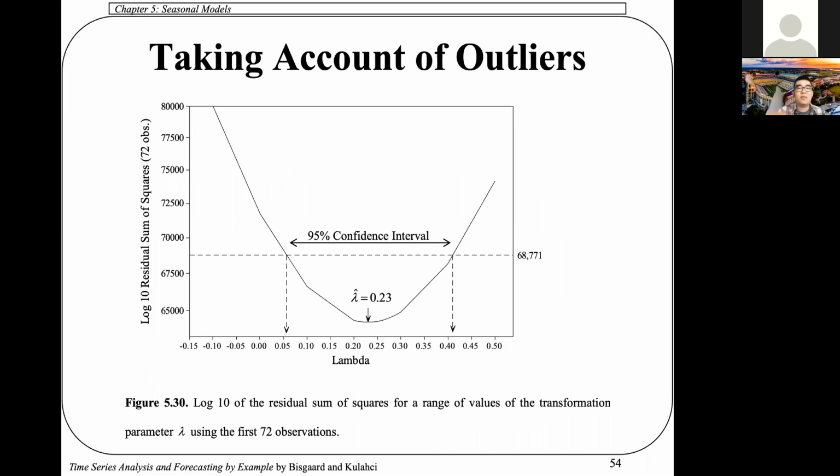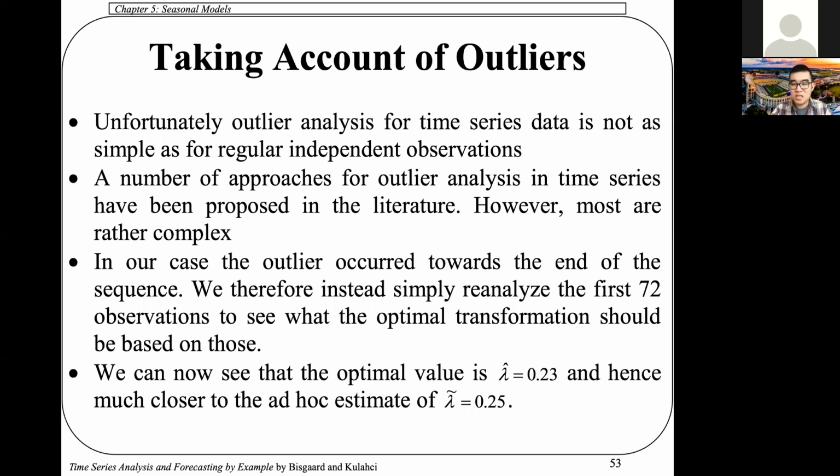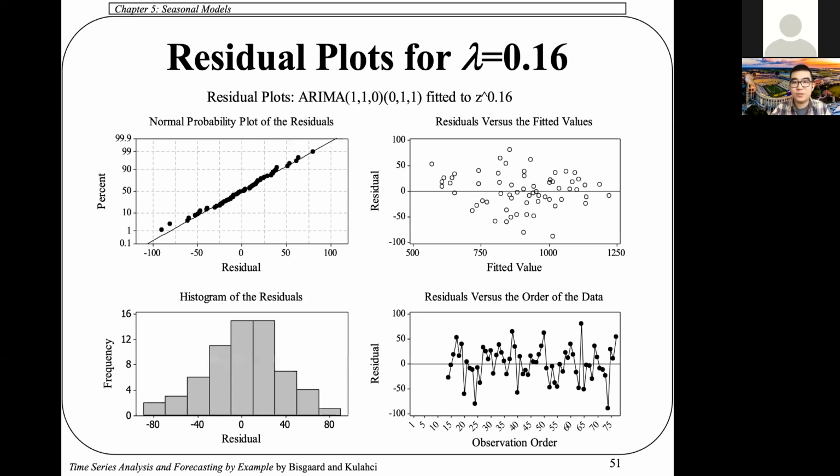Then we can include the outliers and see what happens. That's my suggestion if your data has some outliers. Do not include the outliers in your analysis first, because that would make you find a very unreliable model. So that's some final thoughts for the SARIMA model.